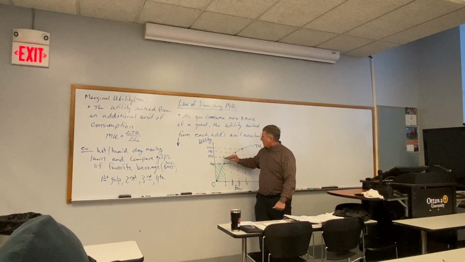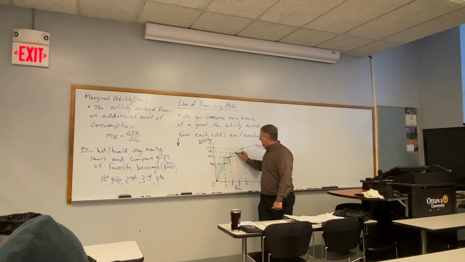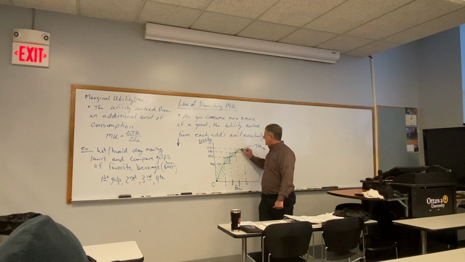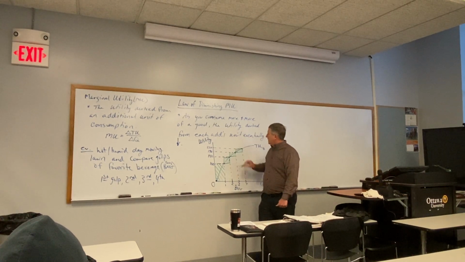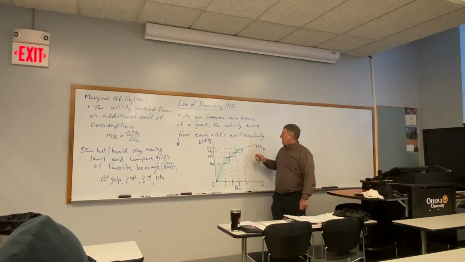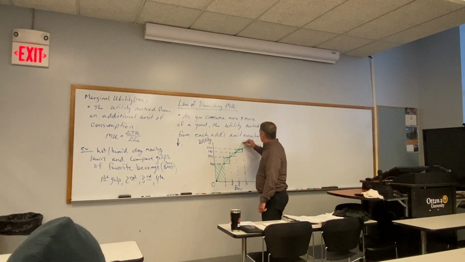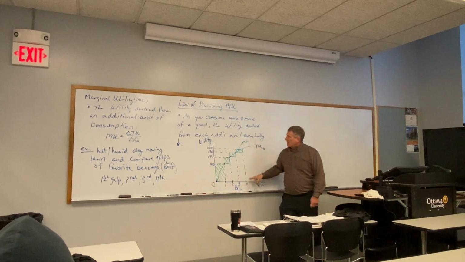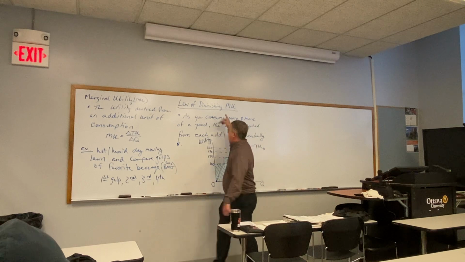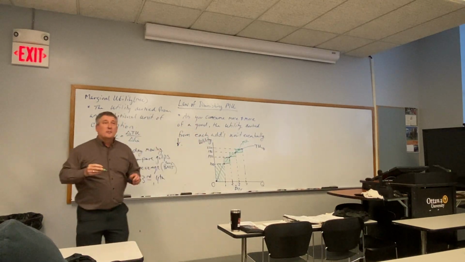So from 150 we added 40. And then finally the fourth beer, we go up from 190 to 220, which gives us 30. These green boxes are getting smaller as we accumulate beer. That getting smaller is capturing the law of diminishing marginal utility.